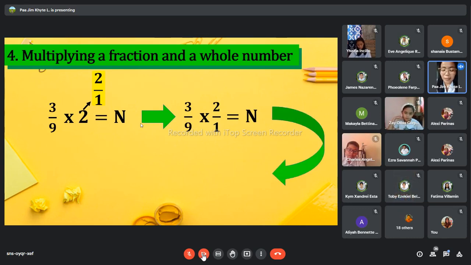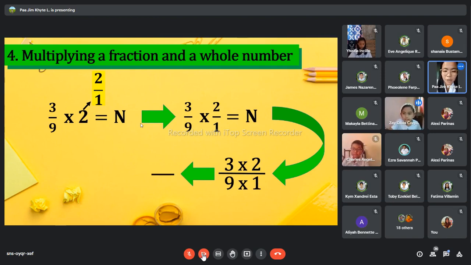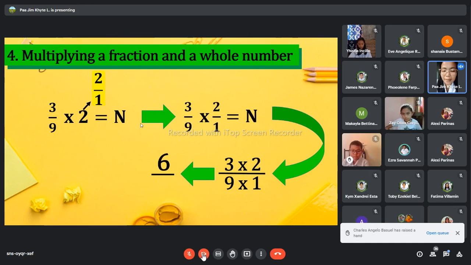So, the next thing that we will do is to combine our numerators and denominators. So, it will look like 3 times 2 over 9 times 1. So, 3 times 2 is equal to, anyone? 6, ma'am. 3 times 2 is equal to 6. 9 times 1 is equal to 9, ma'am.